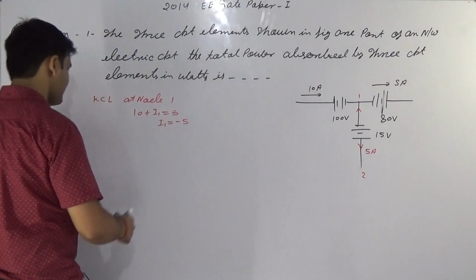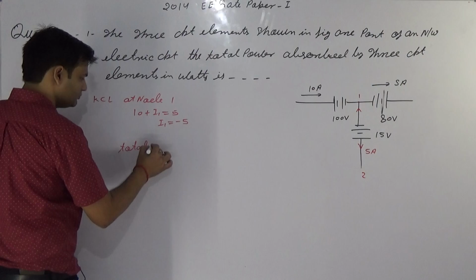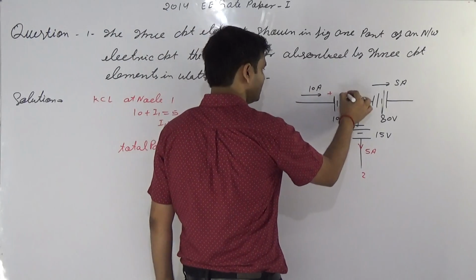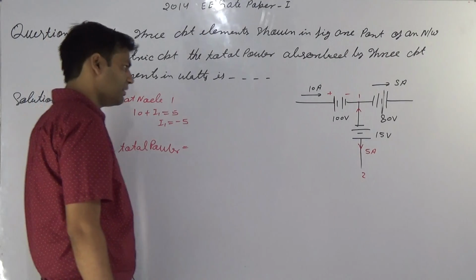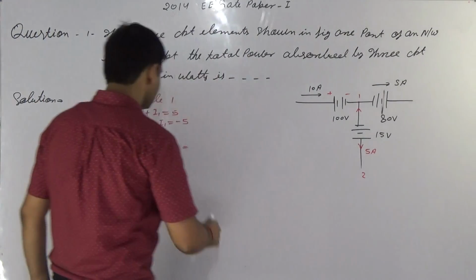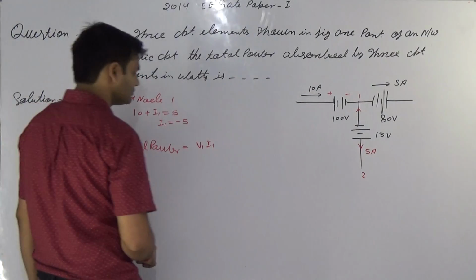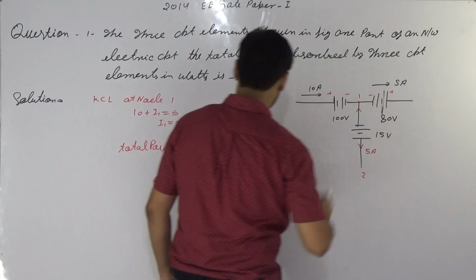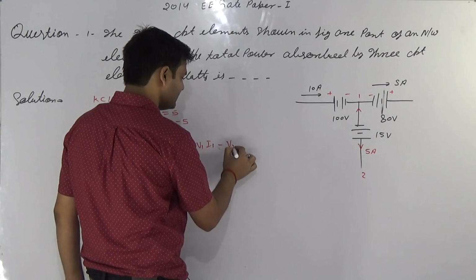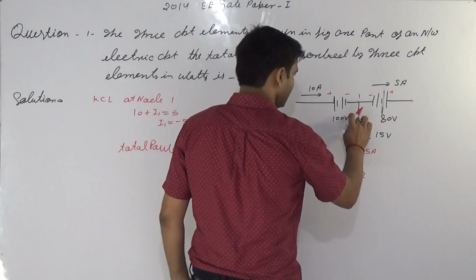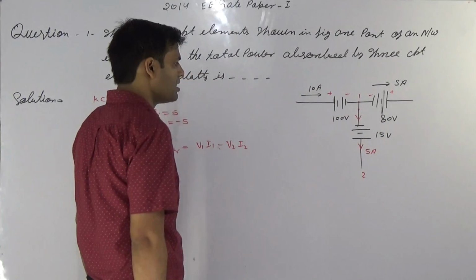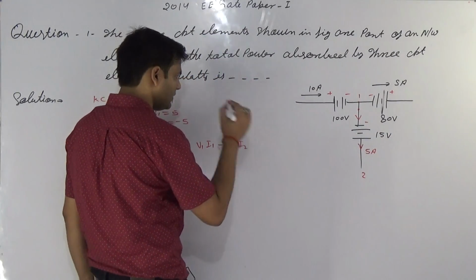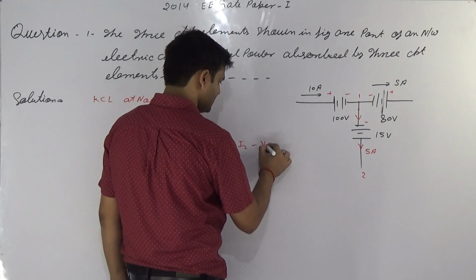Power, total power, is equal to: 10 ampere entering the positive terminal of 100 volt, that's why V1 into I1, plus 5 ampere entering the negative terminal, that's why minus V2 into I2, and the last one, current flowing negative to positive, that's why also negative, this is V3 I3.